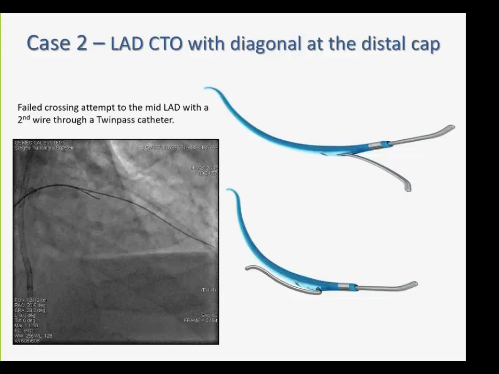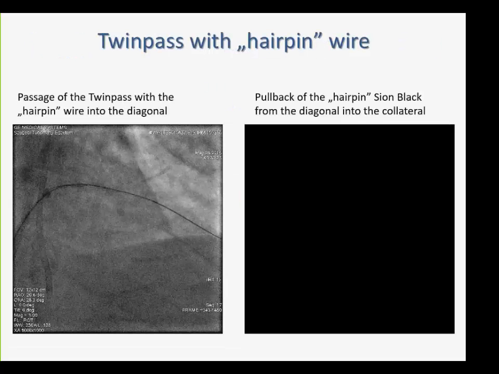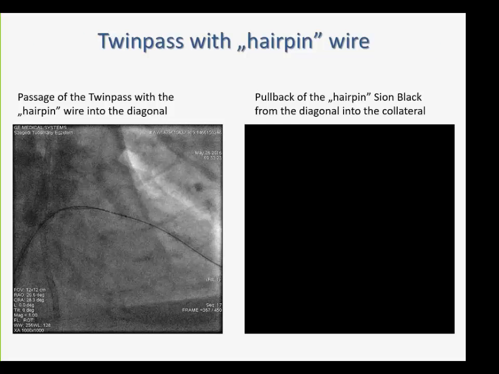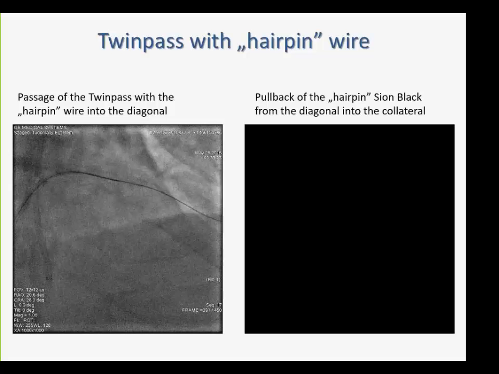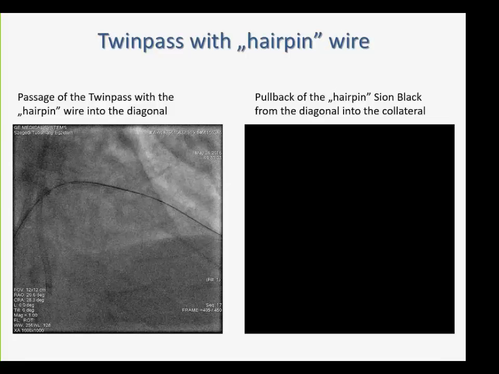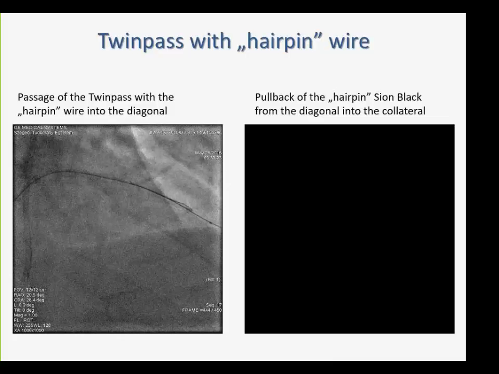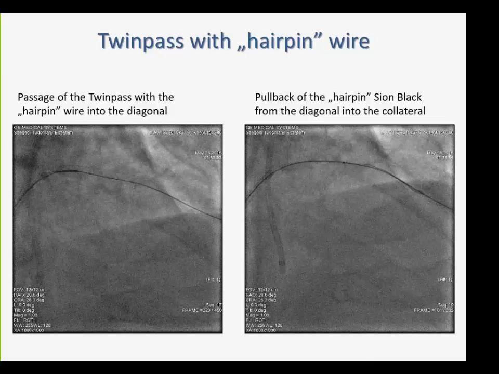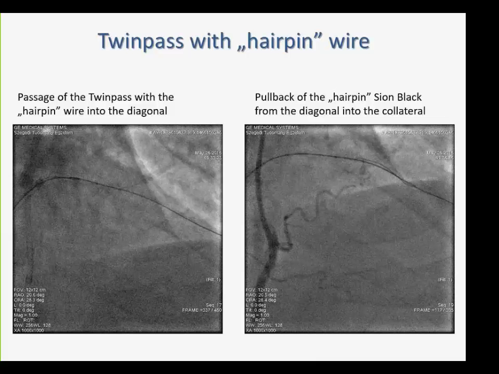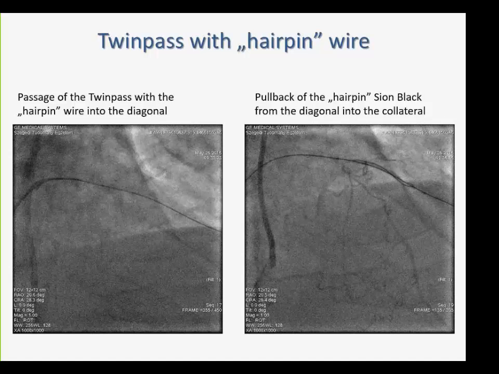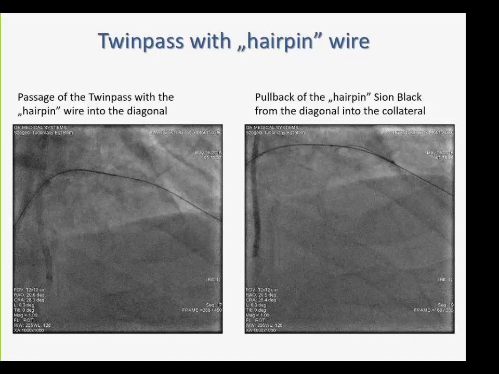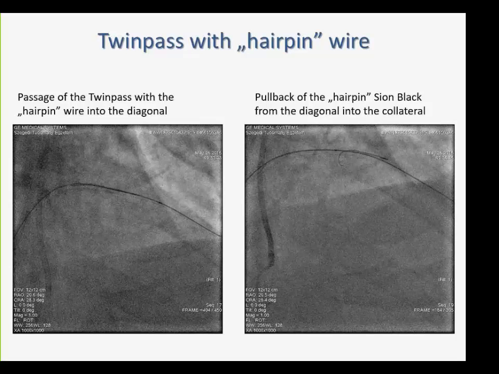On the next fluoro image, we crossed with this unit of the Twin-Pass and the hairpin wire through the occlusion into the true lumen of the diagonal, first removing the Twin-Pass and then pulling back the Sion Black.